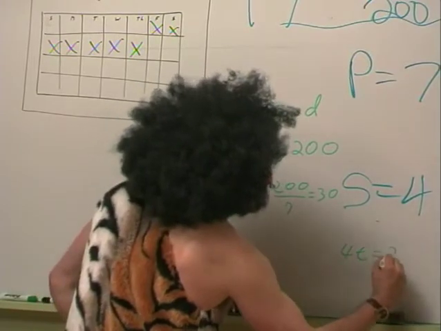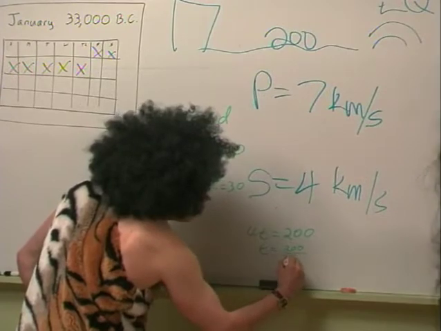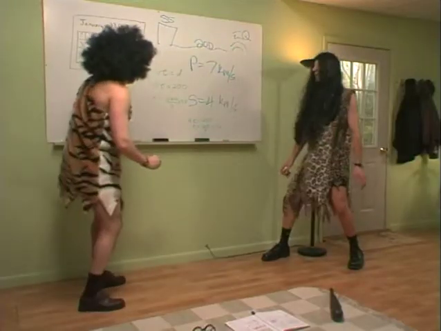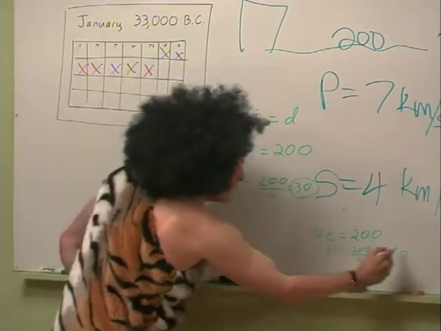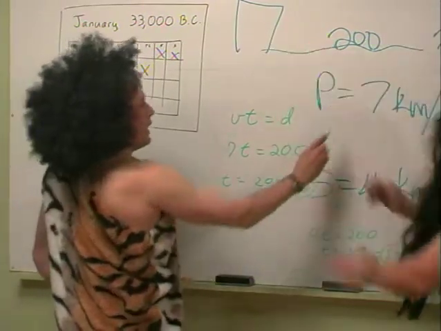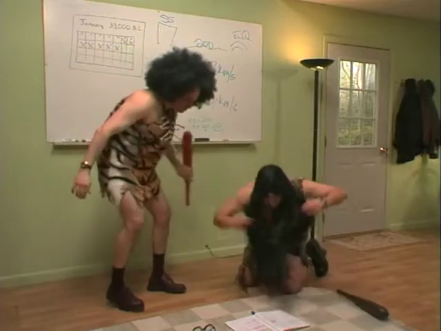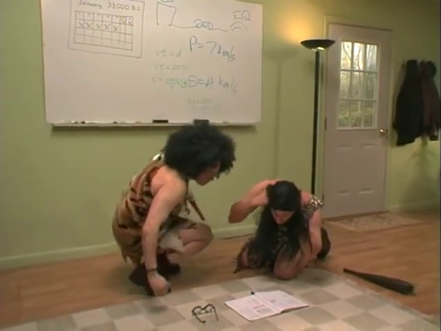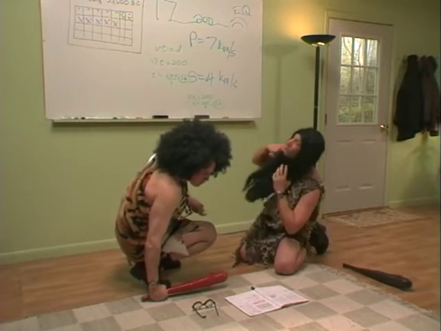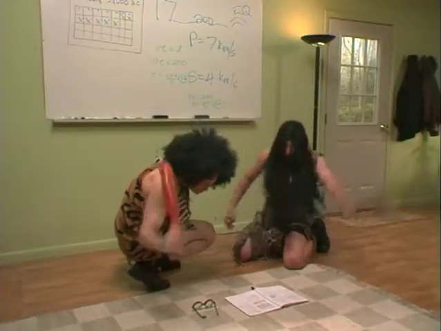T equals 200 over 4 equals 50 seconds. 30, 50. P wave get there first, 20 seconds faster. Okay, we find answer. D. Say, first S wave arrived about 20 seconds after first P wave. D, right answer. 57, D.